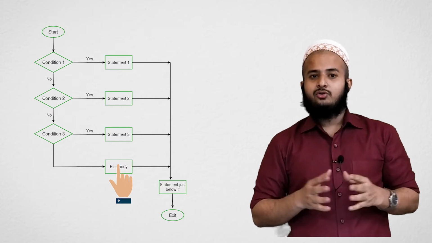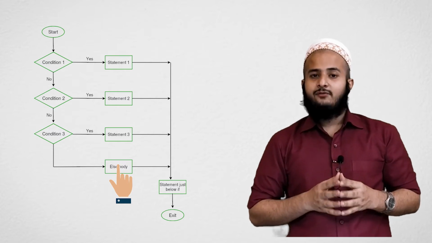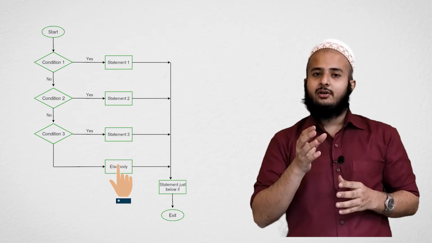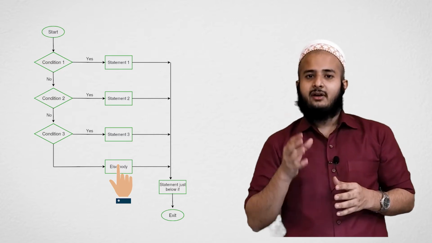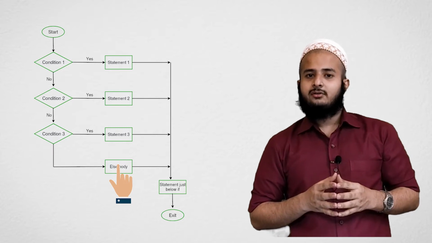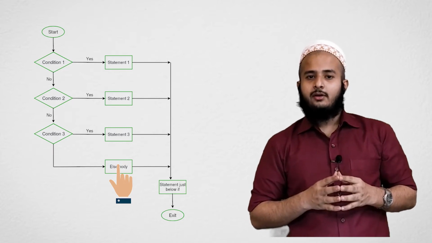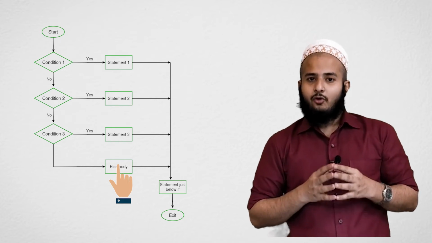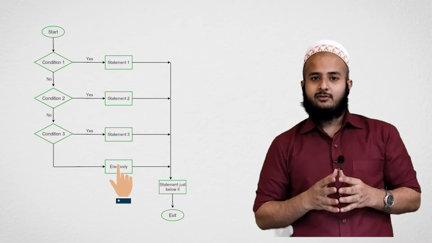So the conclusion is, in the else if ladder we have multiple conditions, and if the condition gives false result, then the control goes to the next condition, and if the second condition gives false result, then it goes to third and fourth and so on. And if all the conditions give false result, then it performs the else block, that is the default task.